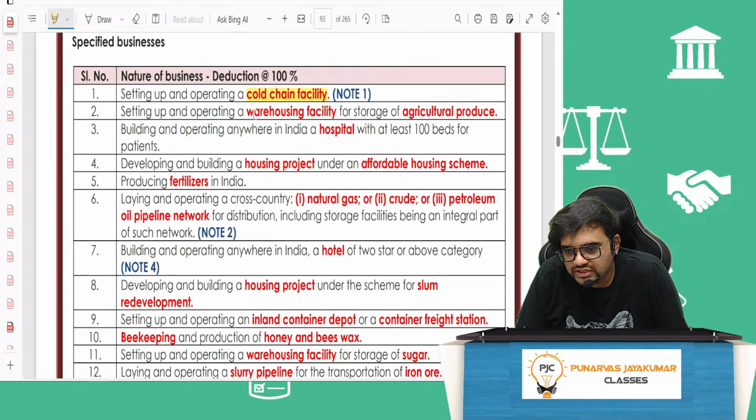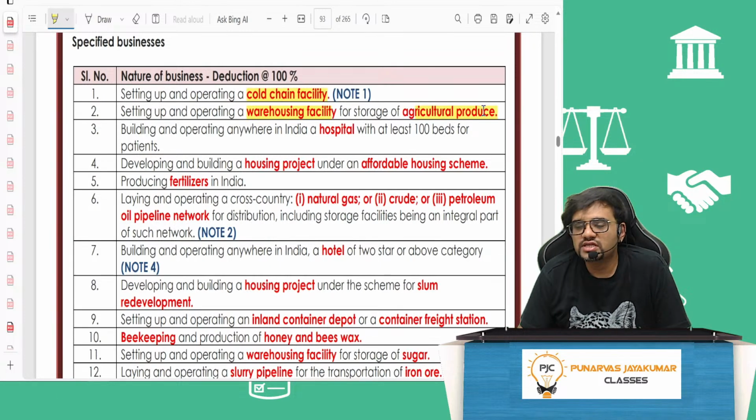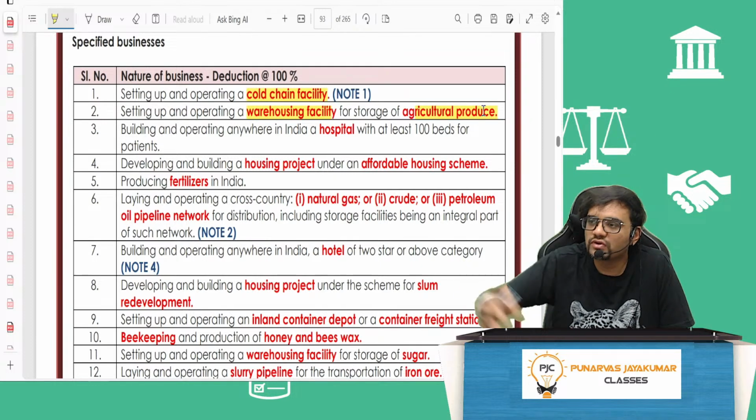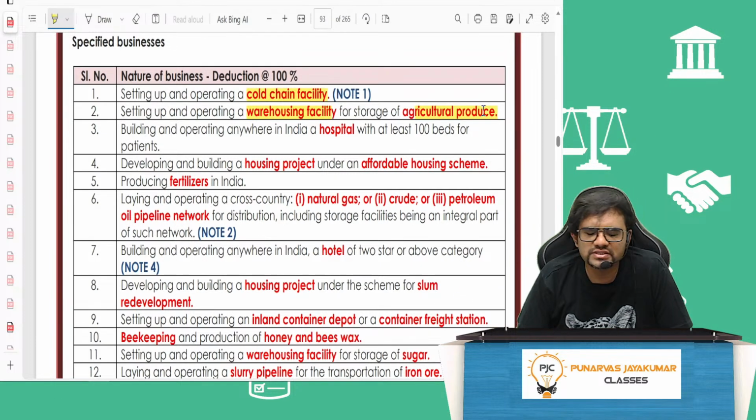Next, warehousing facility for storage of agricultural produce. This is only to store dry agricultural produce like rice, etc. That doesn't require cold storage. If you have fruits, you need cold storage, but normal wheat, pulses, no cold storage needed. Many cases went to the court where sugar was deemed not to be agricultural produce.